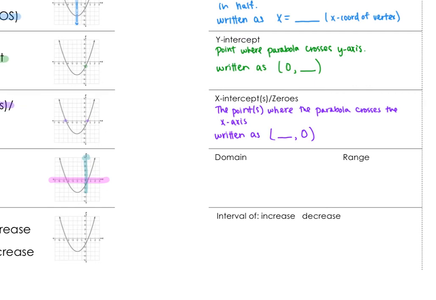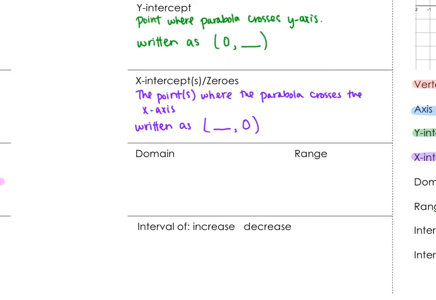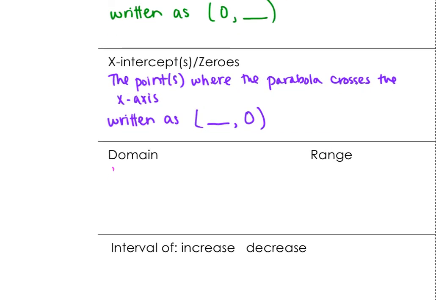Okay, so this is one that we're going to practice a bunch of times, but for now we just kind of need to get the gist of it. So the domain are all possible x values. And to find the domain, we always look left and right. So what's nice about the domain for parabolas is it's usually -infinity to +infinity.